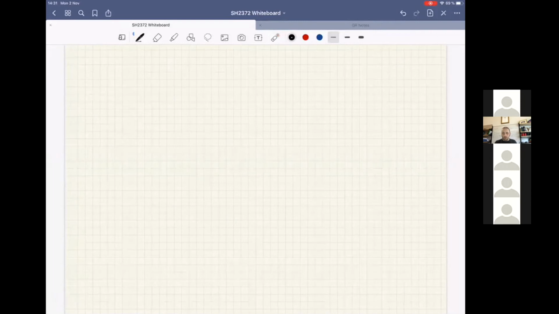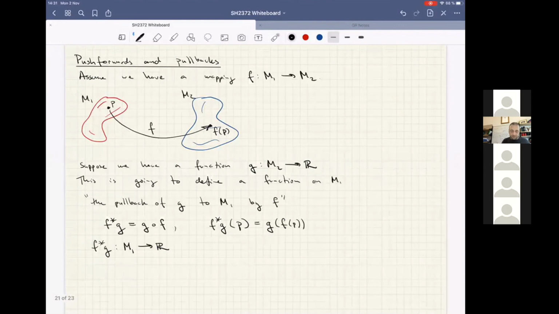So the next thing I want to discuss is called the push forward of tangent vectors. As you can imagine, if the pullback is that we take some object, which was a function in the example we saw, and pull it against the direction of f, a push forward is that when we have something defined on M1, such as a tangent vector, we push it in the same direction as f to something that's defined on M2.